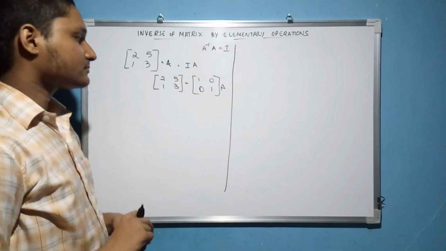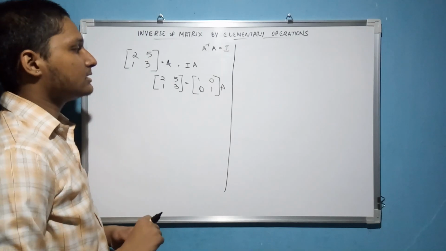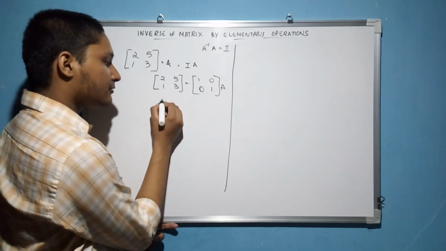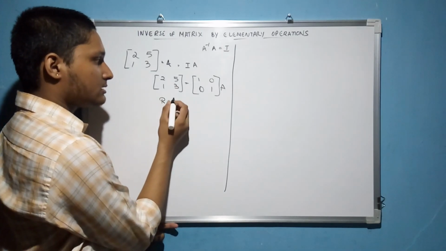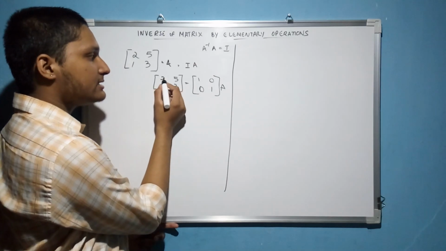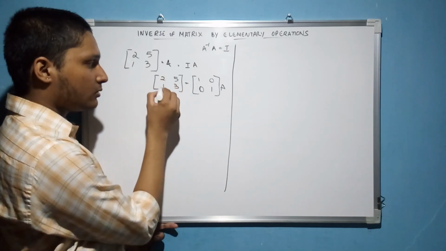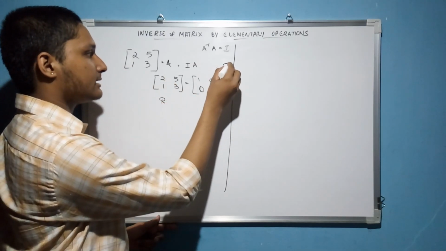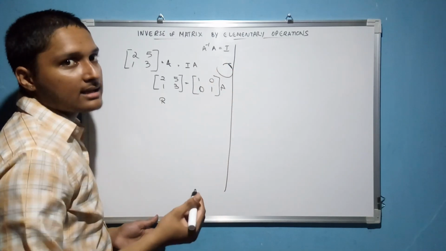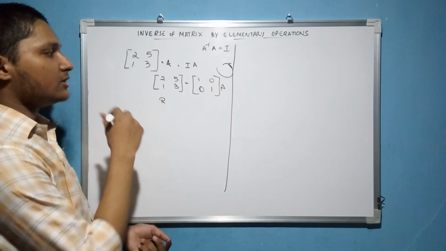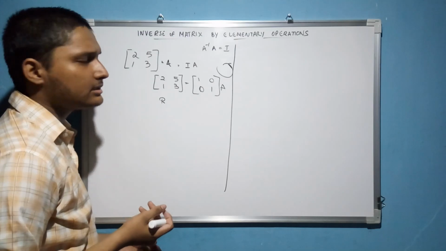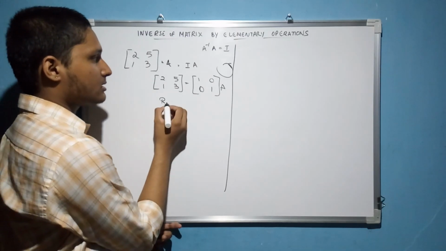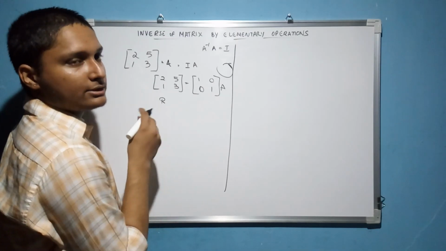First of all, we are going to use the row operations. If it is row operations, you need to go in the anti-clockwise direction. For better results, maybe you can try the clockwise direction also if you want. But the anti-clockwise direction is going to be very easy.